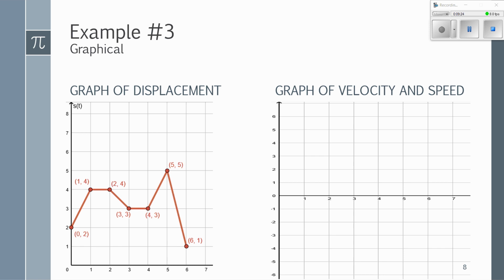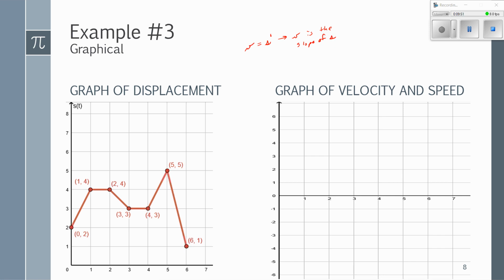So then, graphically, I have a graph of displacement. I'm being asked to graph velocity and speed. Well, remember that since velocity is the derivative of displacement, that means that velocity is the slope of displacement.